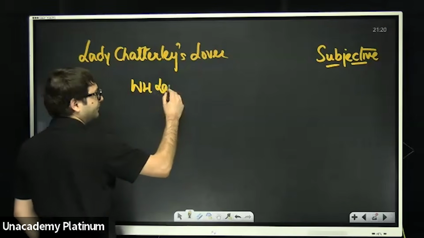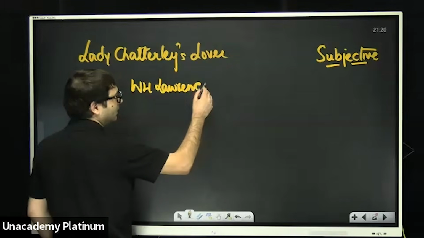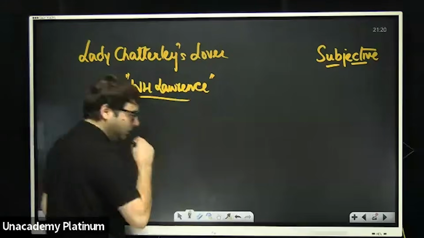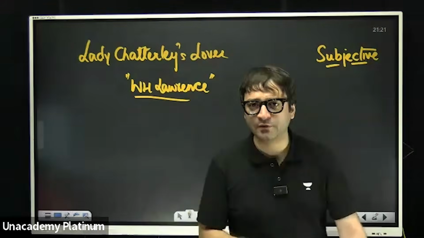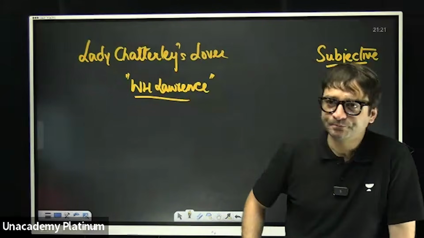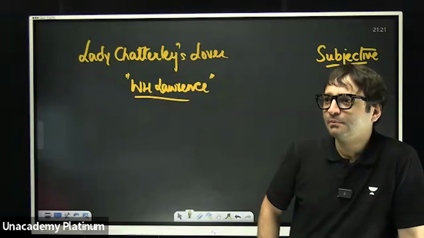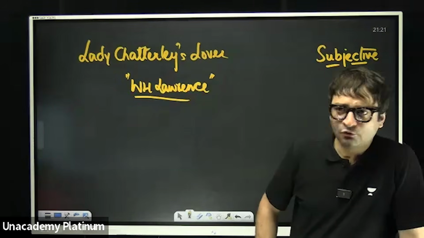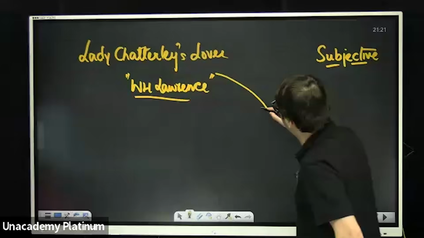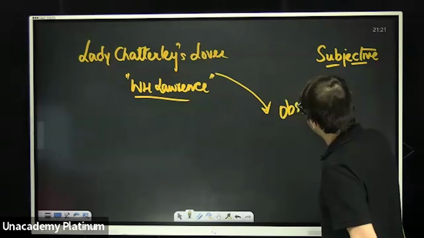D.H. Lawrence, he wrote a book, a novel called Lady Chatterley's Lover. And this book was to be imported in India, but it was banned in India. Why banned? Because the content of this novel was obscene.